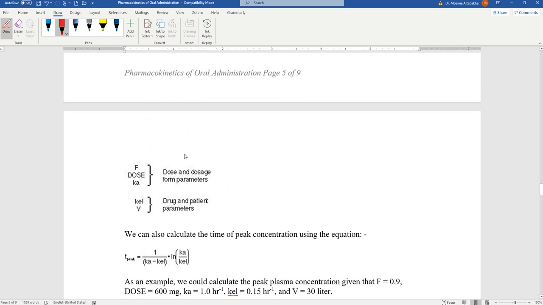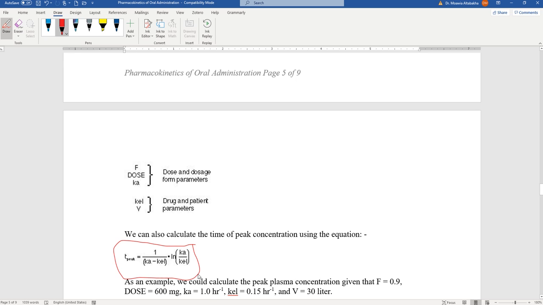The example says: after a dose of 600 milligram, and if Ka is equal to 1 hour to the power of minus 1 and KL is 0.15 hour to the power of minus 1, and V is 30 liters and F is 0.9, they need you to calculate the maximum concentration. How will I calculate the maximum concentration? The first step is to calculate T peak.